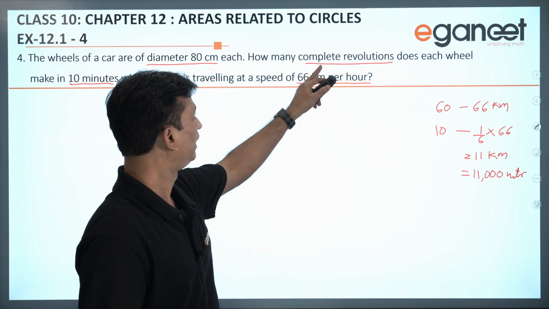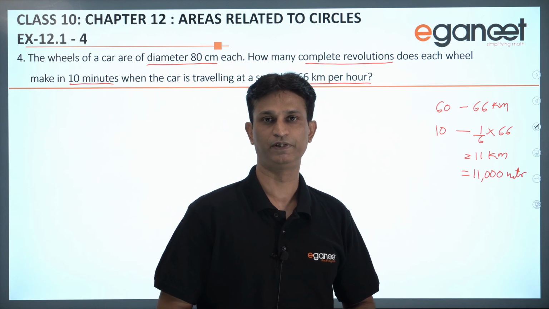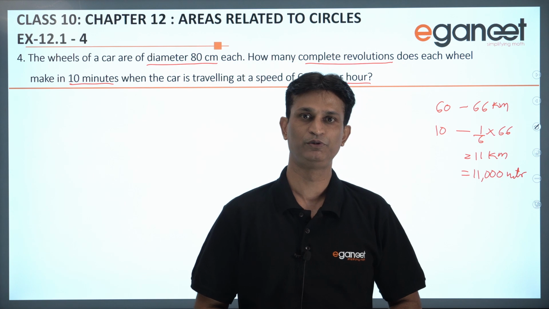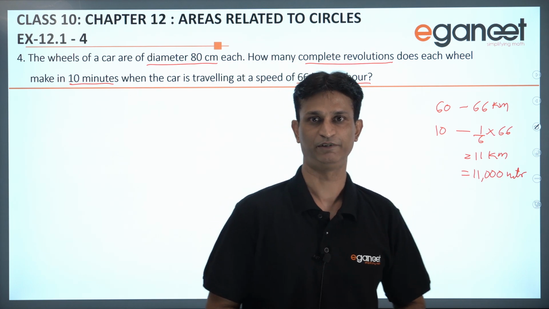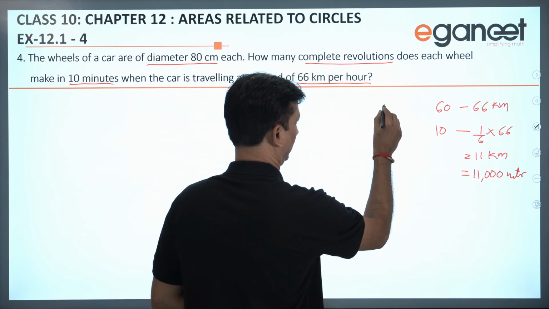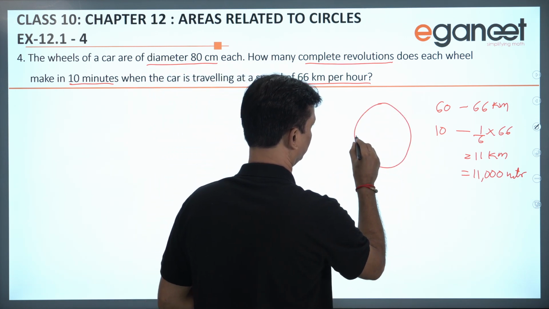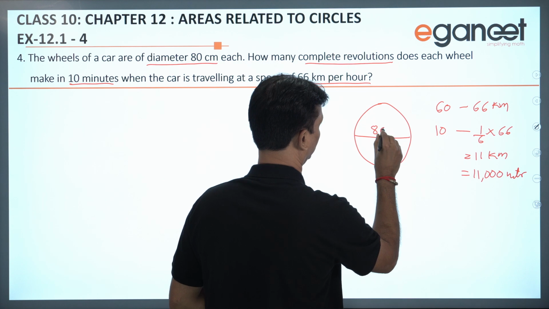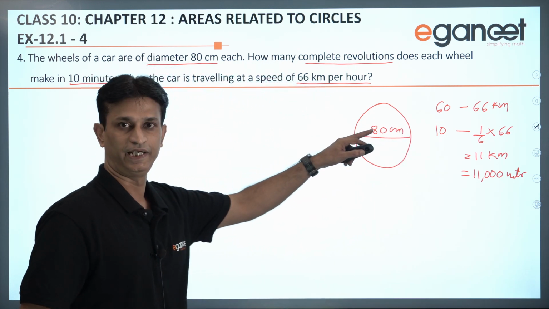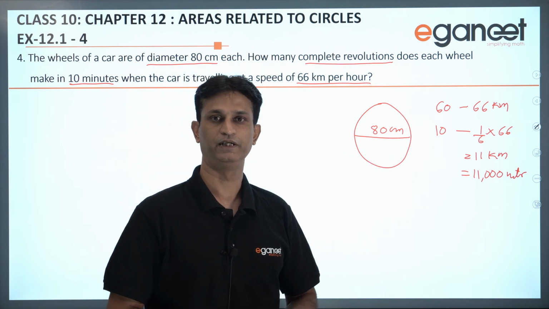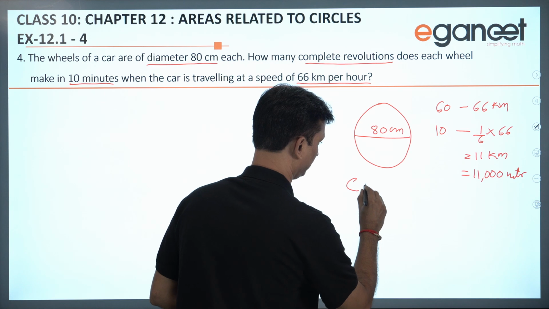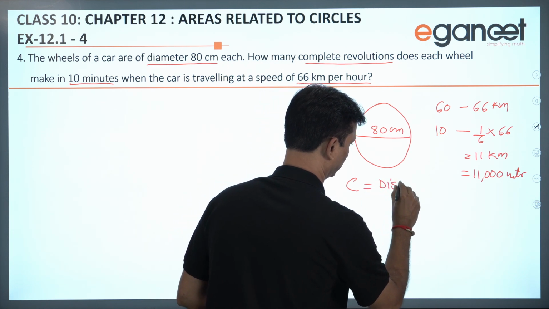Okay, now we need to find the complete revolutions, the number of revolutions. So what will be the distance covered in one revolution? Yes, that will be the circumference of the wheel. So I have been given a wheel with the diameter of 80 centimeter. Okay, so we can say that the distance covered in one revolution will be equal to the circumference of the wheel. That is, circumference is nothing but the distance covered in one revolution.